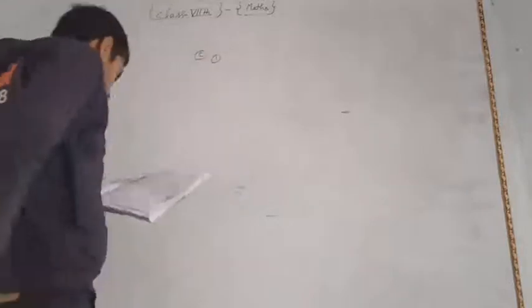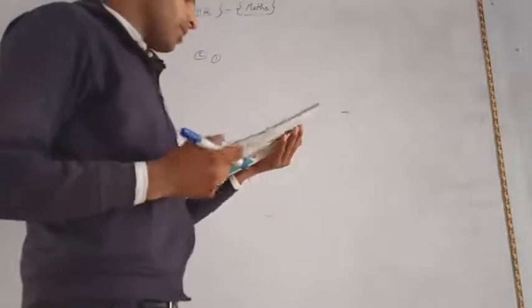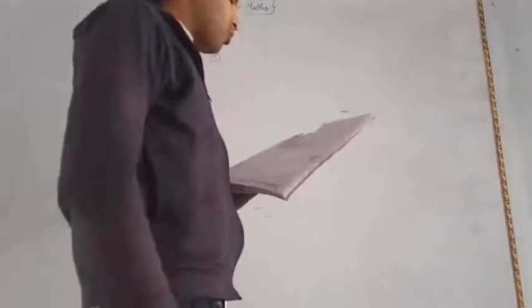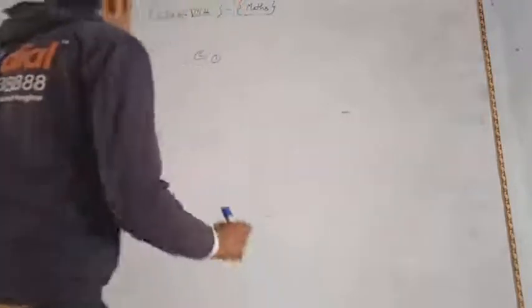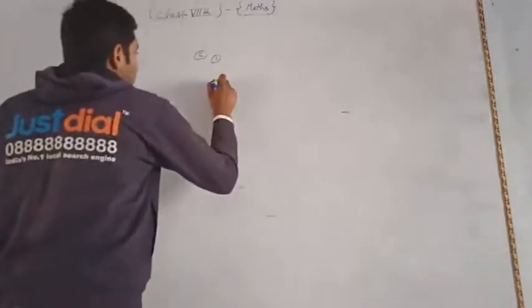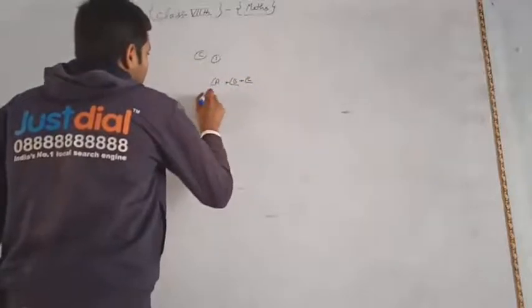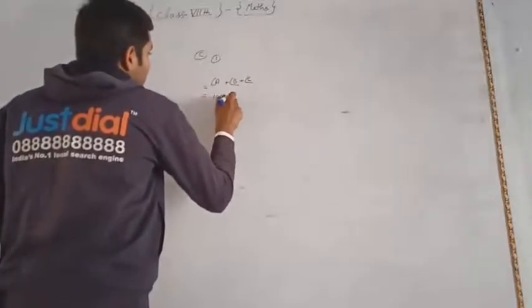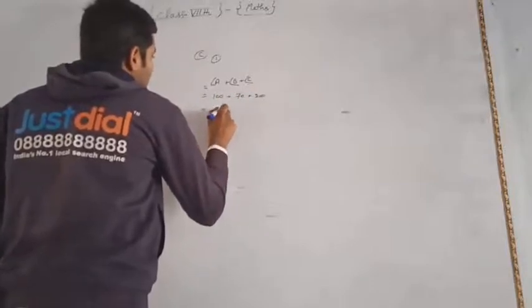First problem: find out in which of the following cases a triangle is possible. Given that angle A is equal to 100 degrees, angle B is equal to 70 degrees, and angle C is equal to 20 degrees. First of all we add these angles, angle A plus angle B plus angle C. We get 100 plus 70 plus 20, which is 190 degrees.